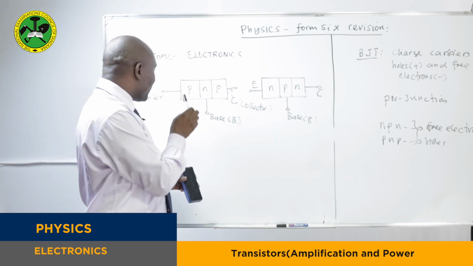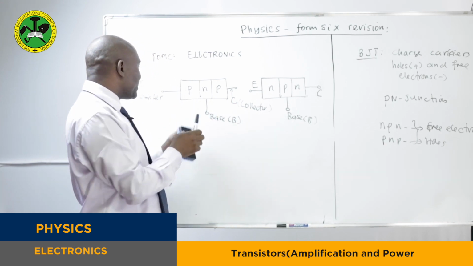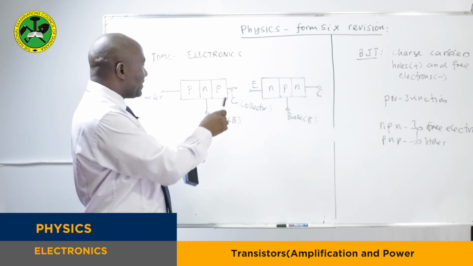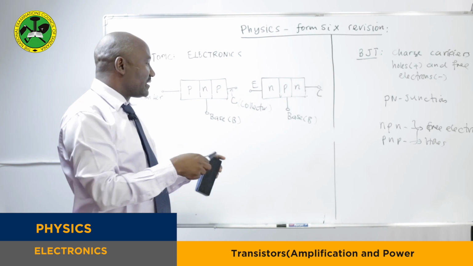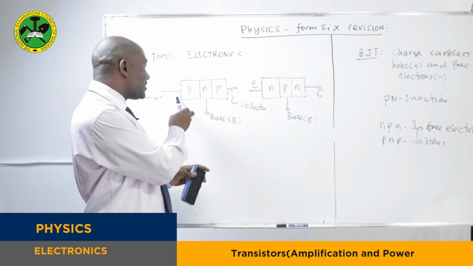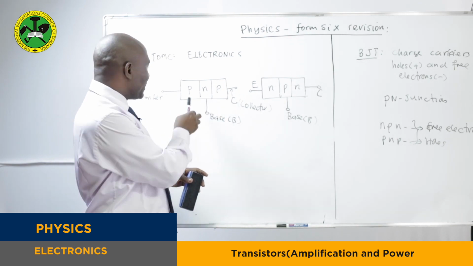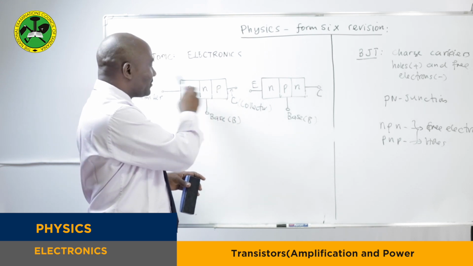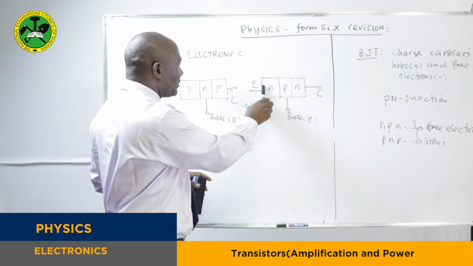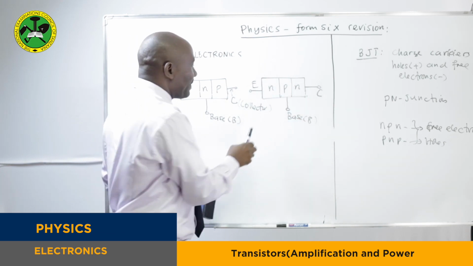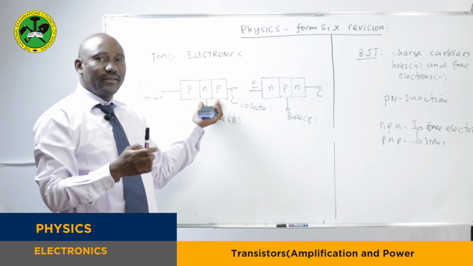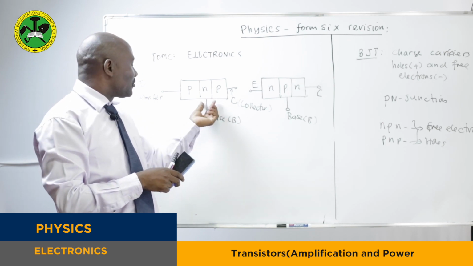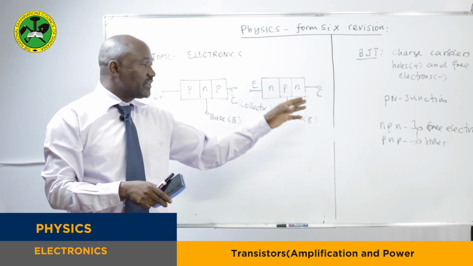Now, we know that this is where the charges are emitted from, the emitter, and this is the area where charges are collected. It may be electrons or holes. Here the holes are emitted from here, and this is the area where they are attracted. This is where the electrons are emitted and attracted here. But in between, we have the terminal which is used to control the amount of charges reaching the collector.